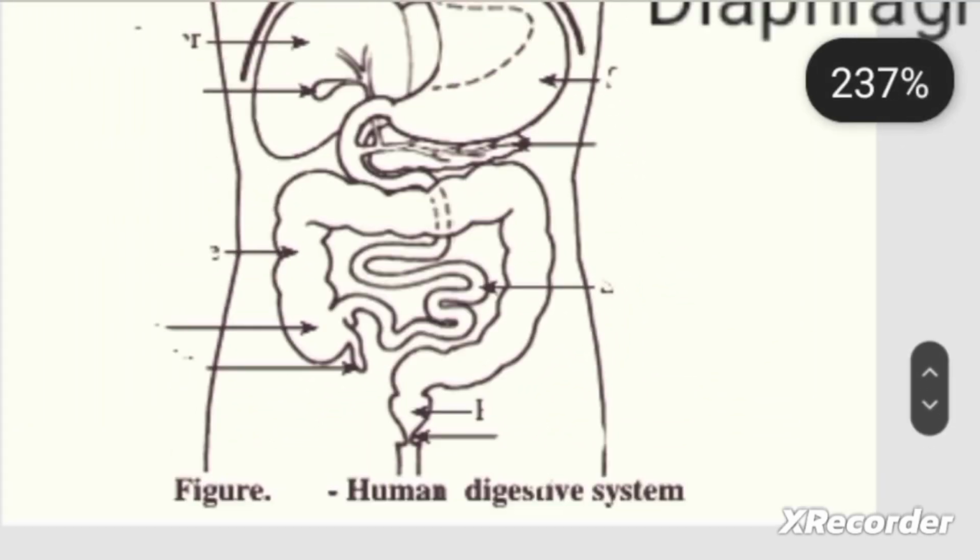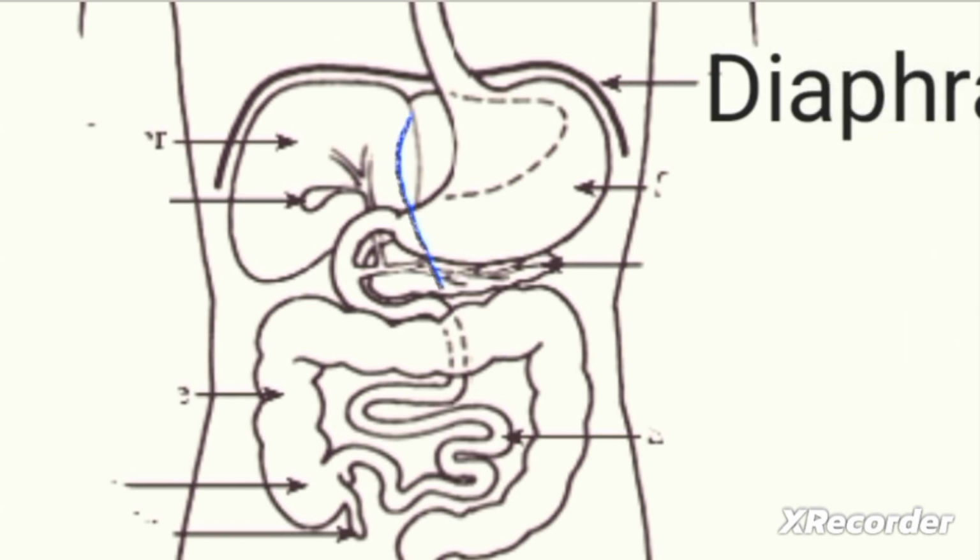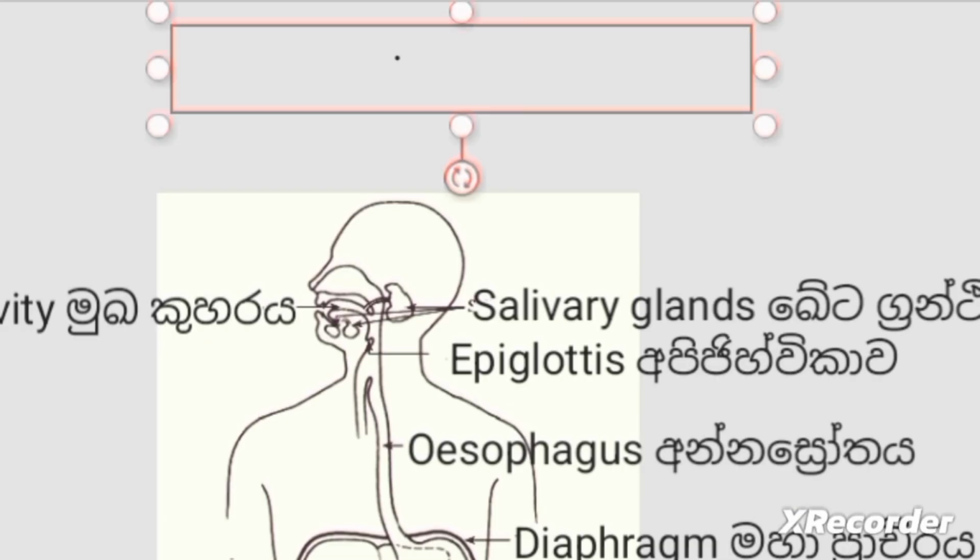Then we have to label this sac-like structure, the stomach. In Sinhala, ආමාශය.